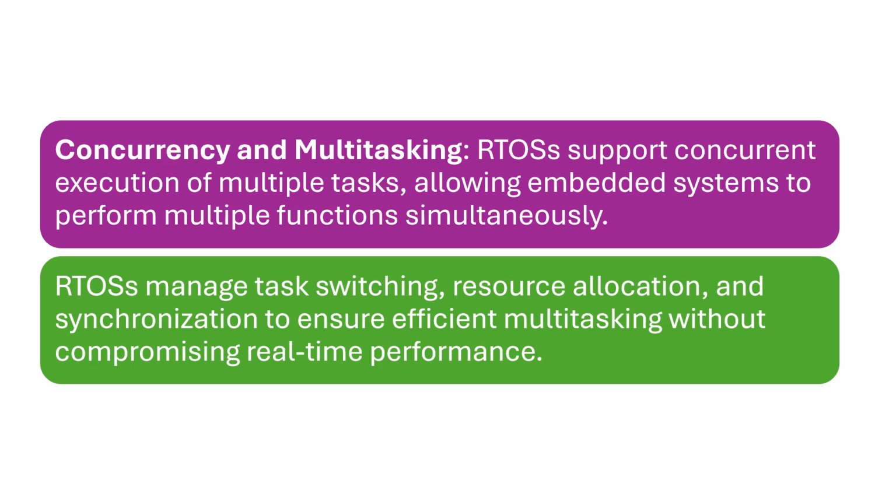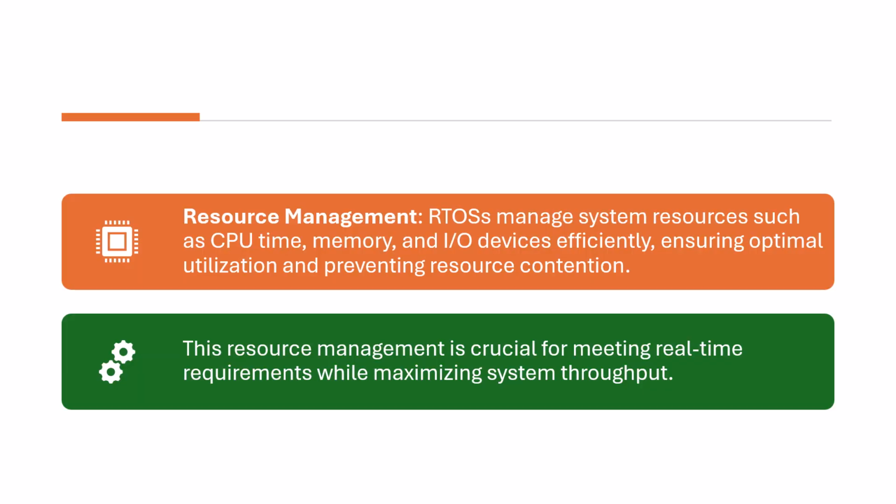So RTOS manages which task is prioritized, and which task takes which hardware resource. If you have a multi-core processor, one task might be running on one processor, another task might be running on another processor. So someone has to manage which task runs on which processor. This is what RTOS is good at.